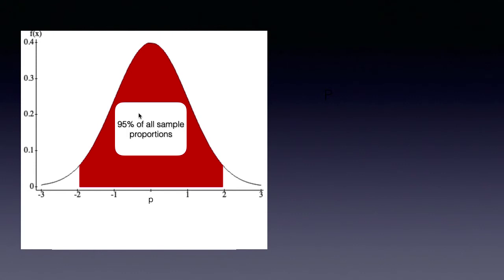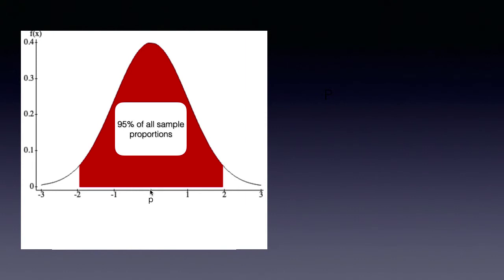That means that if I could choose a sample size little n from a population big N, then there are big N choose n different samples that I could collect, and that's a lot of different samples. And if I could collect every one of them, 95% of those proportions would fall in this region.